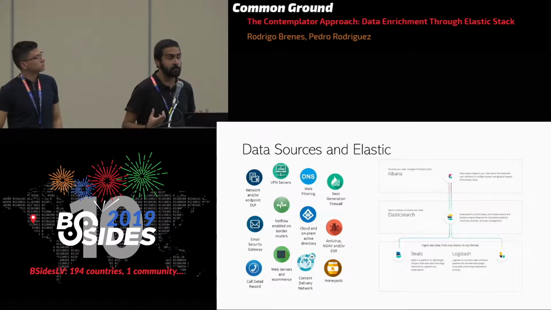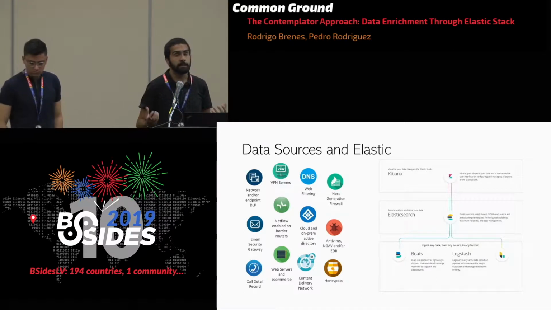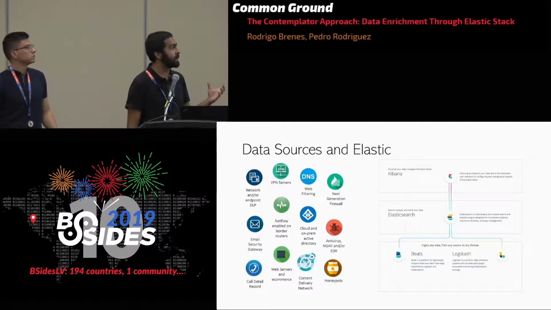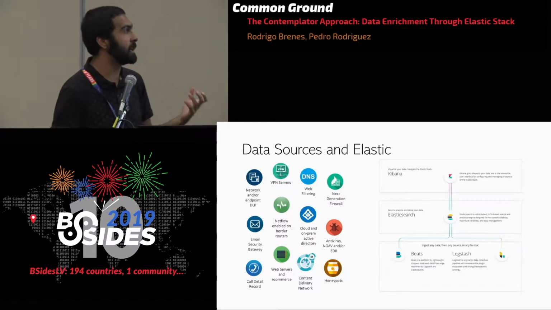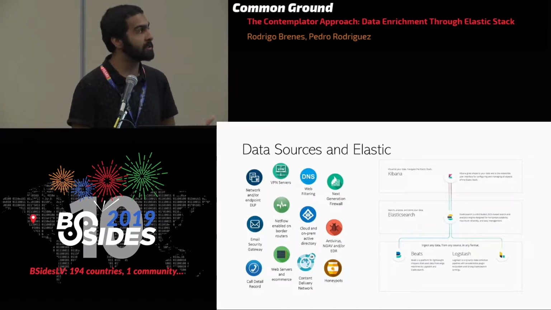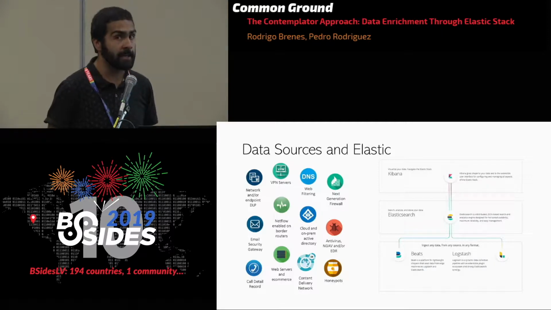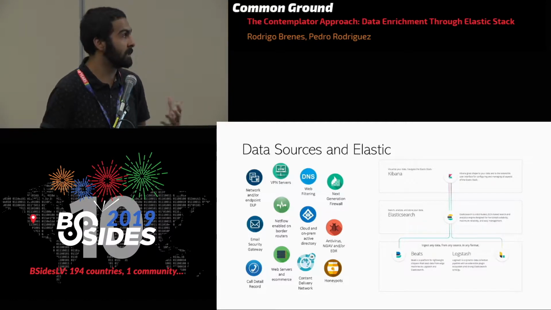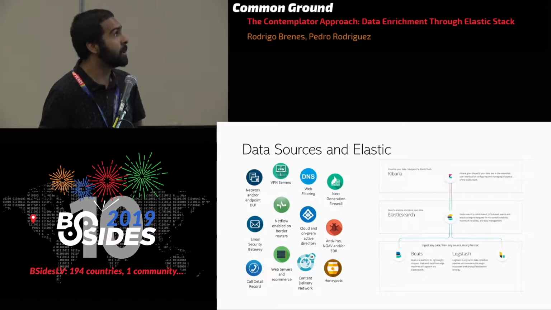In our case, we are working with the Elastic Stack. So I will give a brief overview of how the Elastic Stack works. The idea is that we have a central search engine platform, which is Elasticsearch. So Elasticsearch will be the one in charge of all the data. You can do the search through there, maybe through an API, or using Kibana.